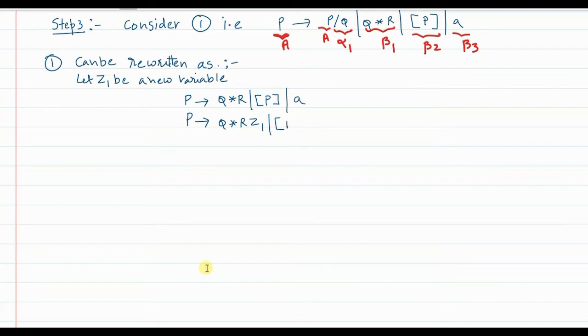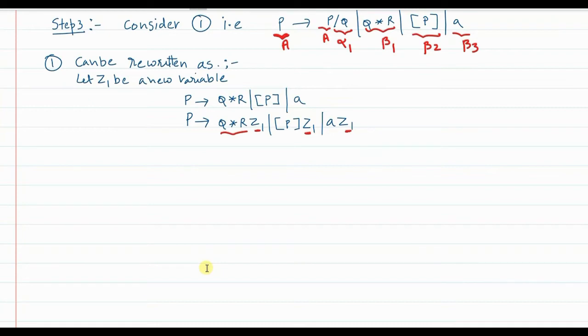Similarly, beta 2, the whole term that I copied from the top production, with Z1, and then A with Z1. So what has happened in the second production? The first part is same. What I have done is I have attached Z1 to each term from the first production.